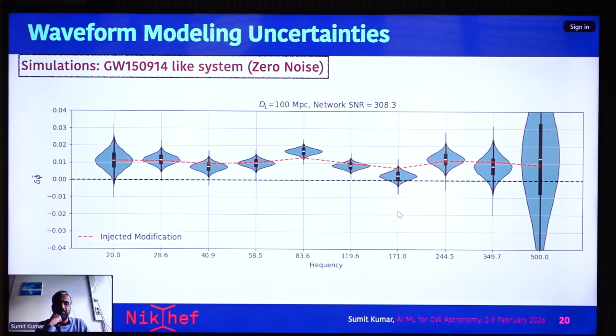Hi Sumit, can you hear me? So, yes. So in this particular plot, can you understand why this 500 Hz is too much? It's too wide. Is it due to the duration of the signal? No, because if you calculate the merger frequency, it's somewhere between 200 and 300. Basically, there is no part of the signal there. Yeah.